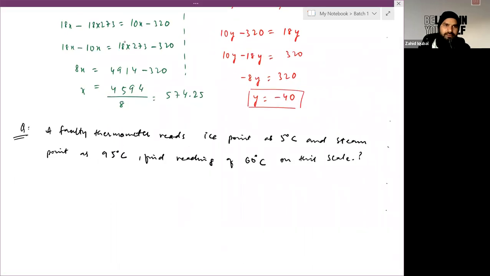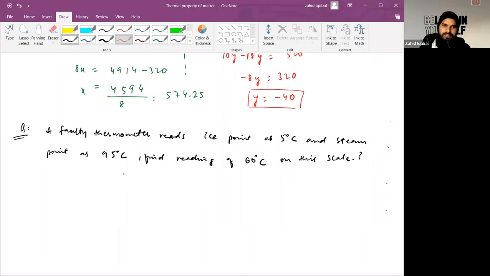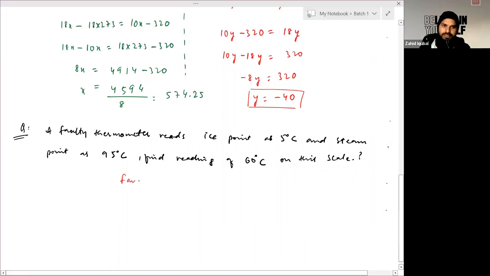In this part, we have two different thermometers. One is a faulty thermometer, which has some error in its reading, and the other is the Celsius scale. So for the faulty part, just write F minus its LFP, lower fixed point, that is 5, upper fixed point 95, lower fixed point 5.